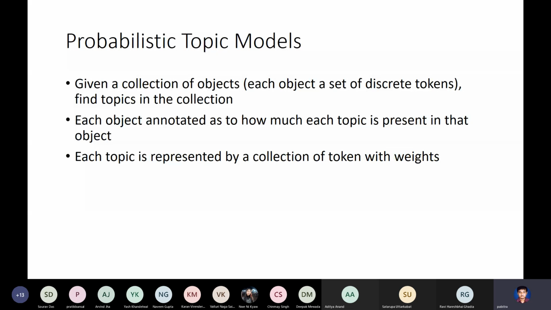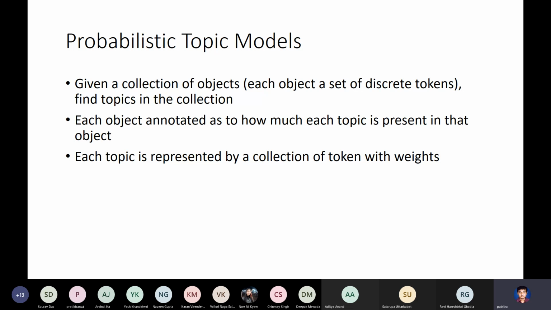And what you want to do is that automatically, using machine learning techniques, each of these documents you have to annotate with the topics associated with the document. Note that there may be multiple topics associated with a single document. A document can belong to, say, computer architecture or operating system. It can belong to multiple topics in different proportions also.